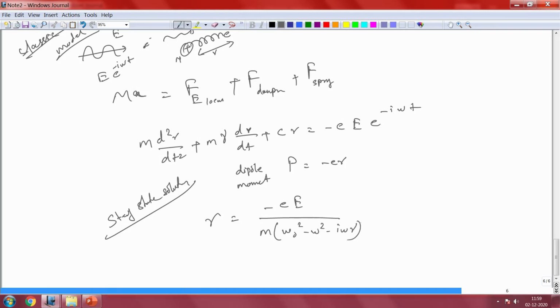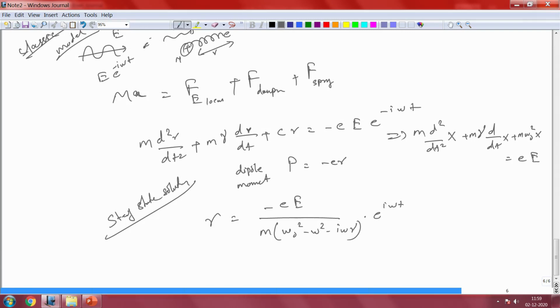So how did I get omega here? It is through this transformation where we write m d squared by dt squared x plus m gamma times d by dt times x plus m omega naught squared x, okay, which is equal to e times E, okay.